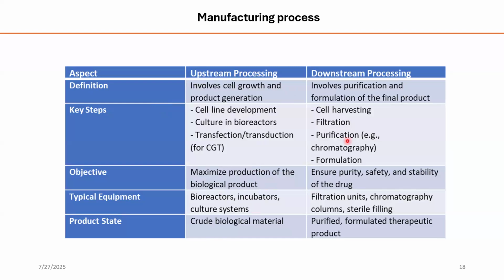For the downstream, mostly it is purification, how you formulate them into a final product. Then you do filtration, formulation, you check for the purity, safety, stability of the drug, and you use equipment like filtration products, chromatography columns, sterile filling, and the product state is a purified, formulated therapeutic product.